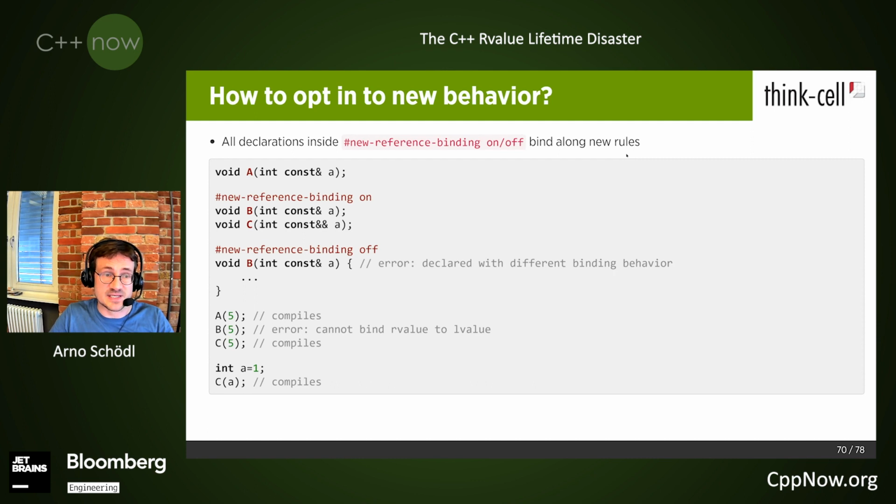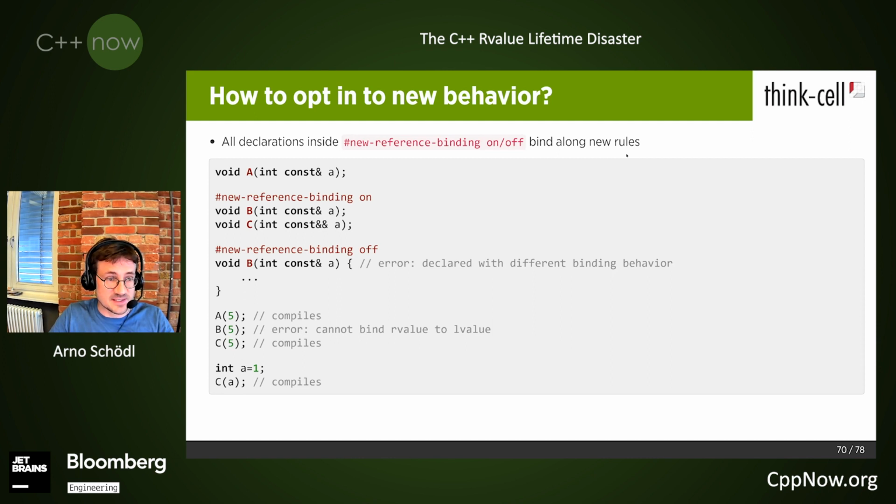You would declare it as int const rvalue reference. So you can imagine your int const rvalue reference becomes the new const lvalue reference. Whenever you have a function that just takes something and doesn't store it, just looks at it, and then it's done with it, you would no longer write const reference. You would write const rvalue reference, because you are happy taking rvalues.